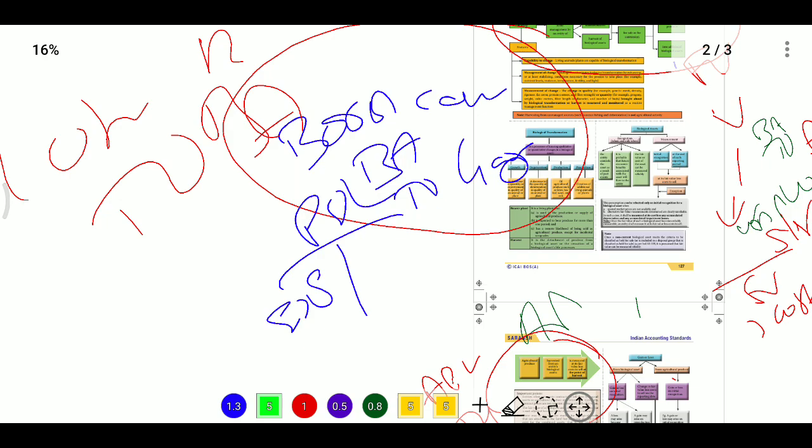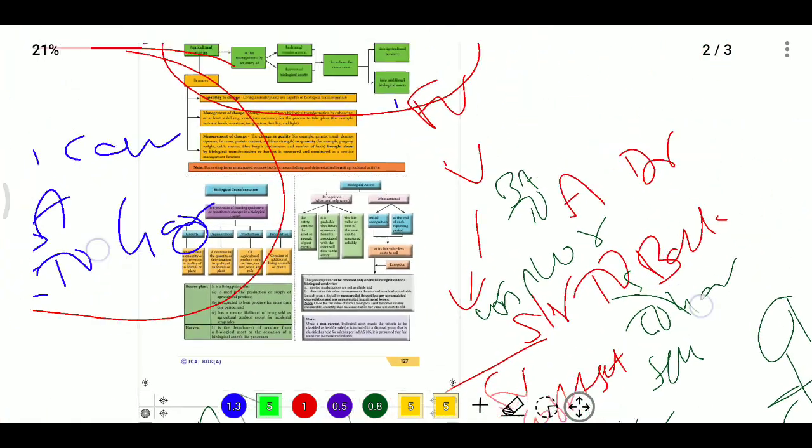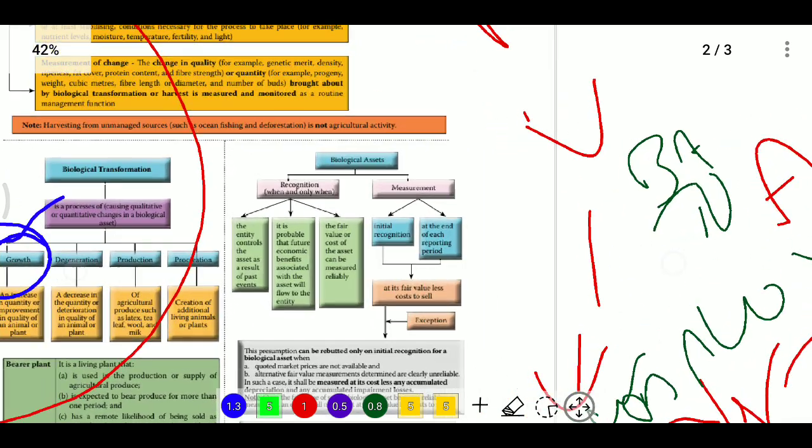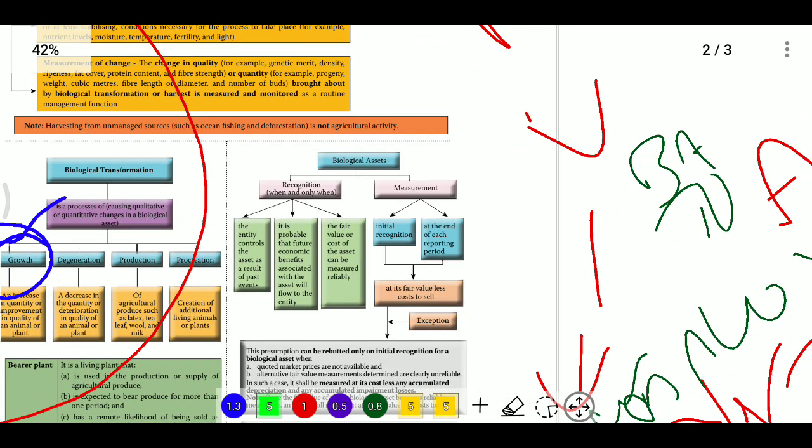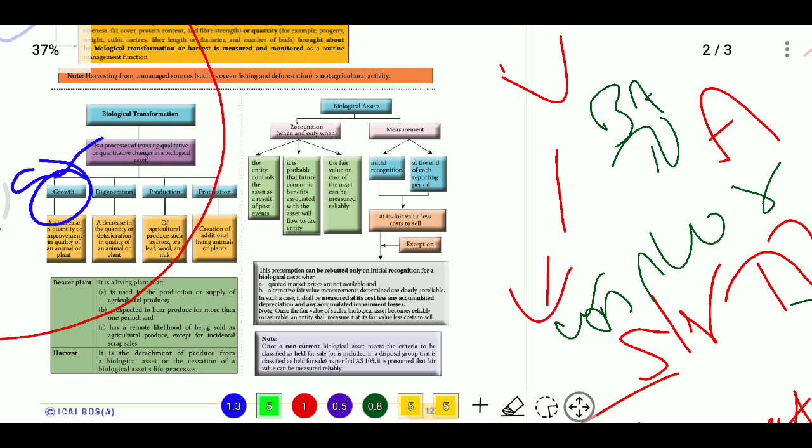Or if we convert the biological asset, agriculture produce will arise. We need to check the biological transformations. After that, agriculture produce is initially recognized as income in the profit and loss account, whatever the amount.